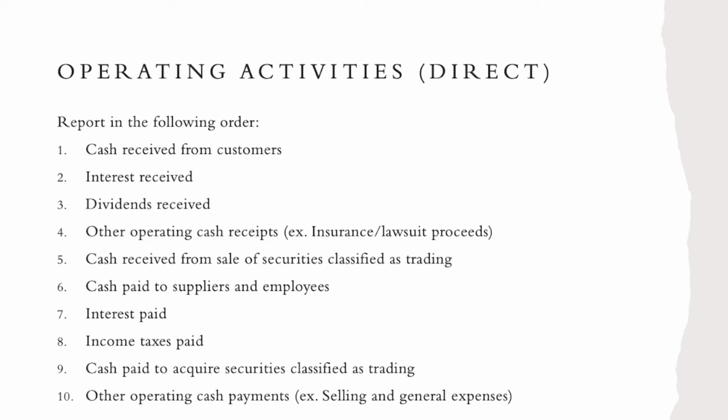Next, cash paid to suppliers and employees, then interest paid and any income taxes paid. Next, cash paid to acquire securities, again classified as trading. And finally, other operating cash payments such as selling and general expenses. Remember, these are the operating activities when using the direct method.